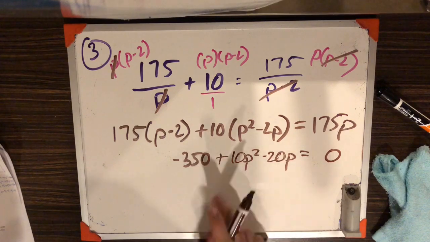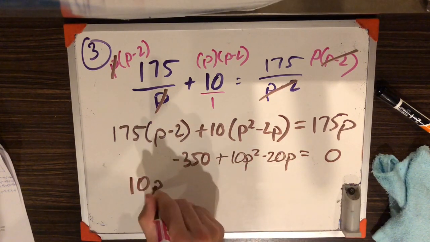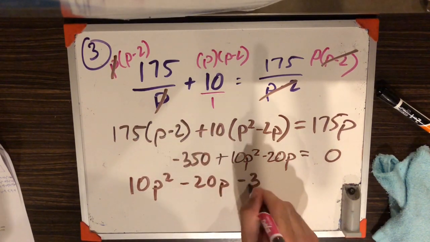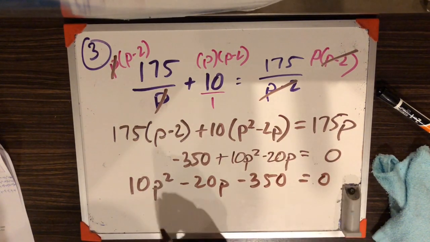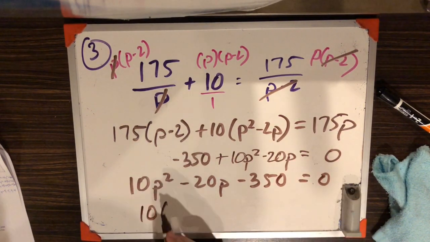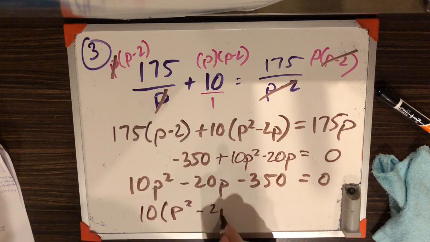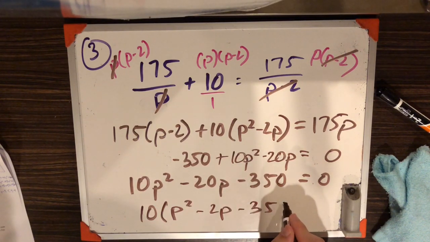And again, this looks like a lot better, right? So I have 10p squared, let's rearrange this a bit: 10p squared minus 20p minus 350 is equal to 0. First rule of factoring is take out my greatest common factor, which is 10. So it's p squared minus 2p minus 35.